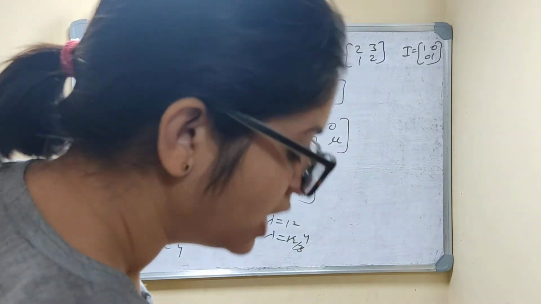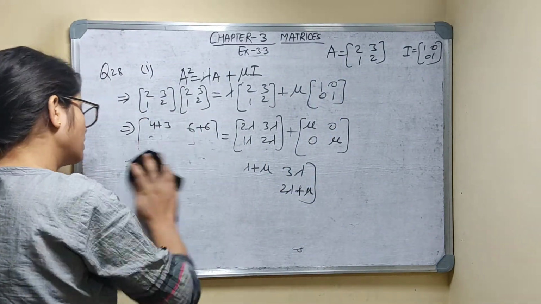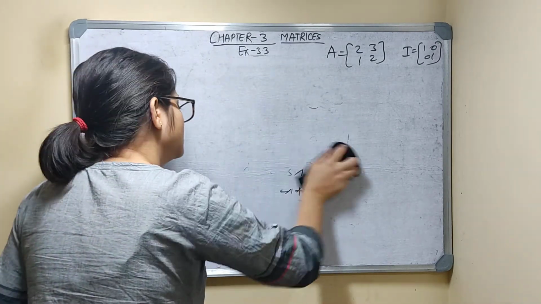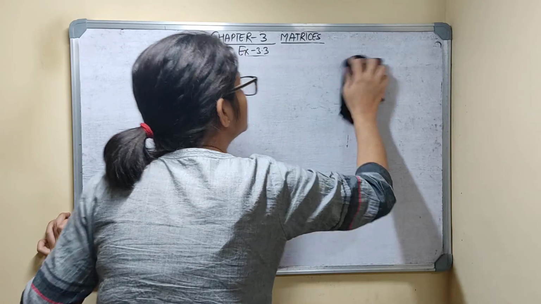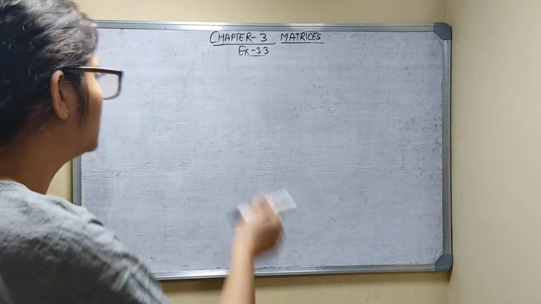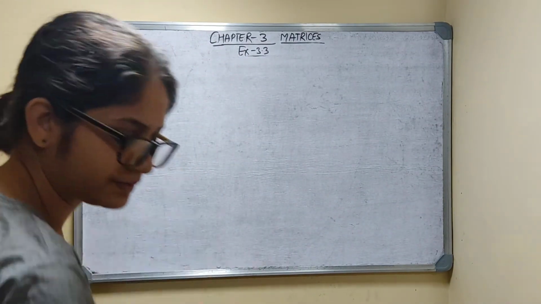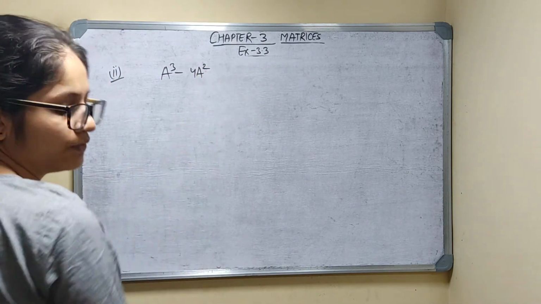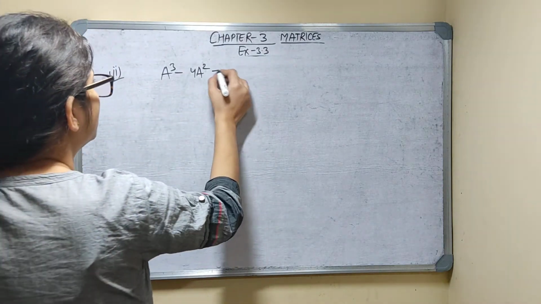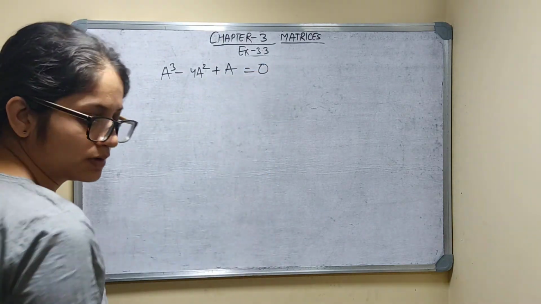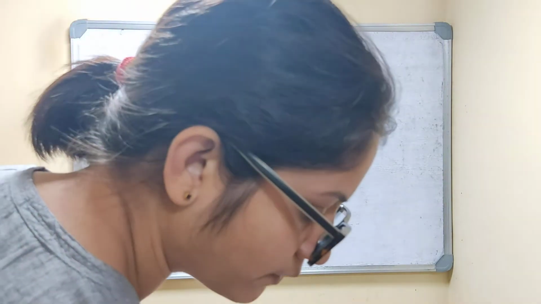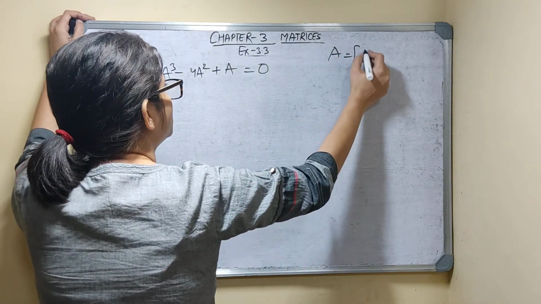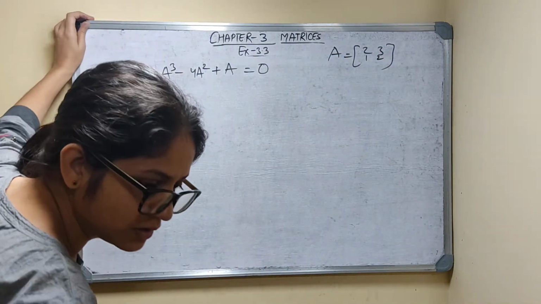Like this you have to solve. Now second part you can see. Prove that A cube minus 4A square plus A is equal to O, where A is given as [[2, 3], [1, 2]].